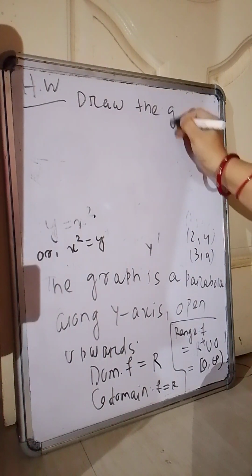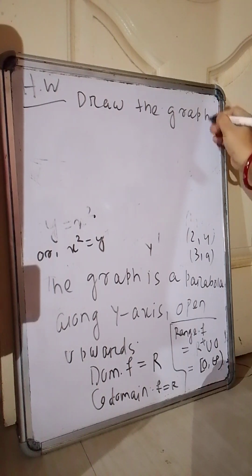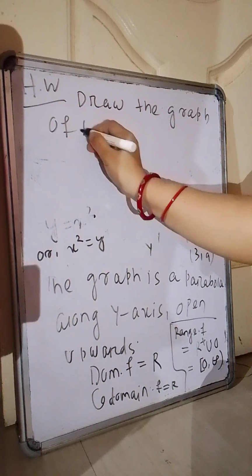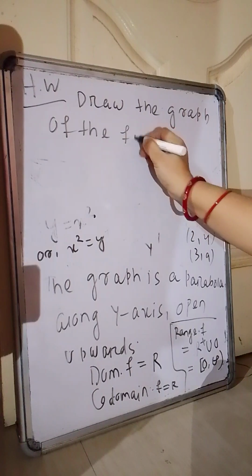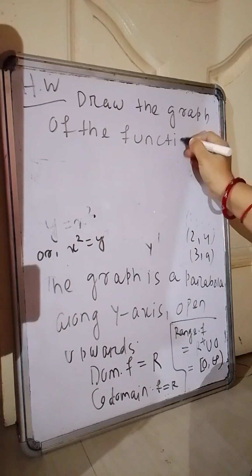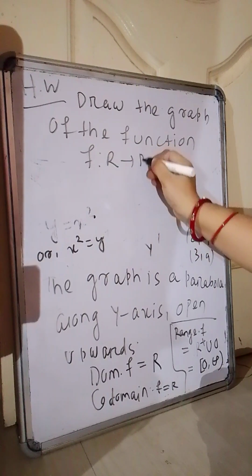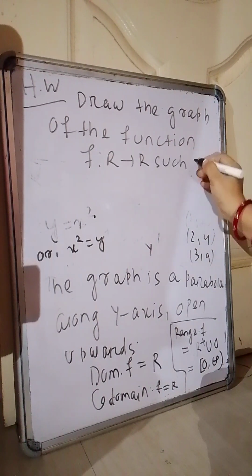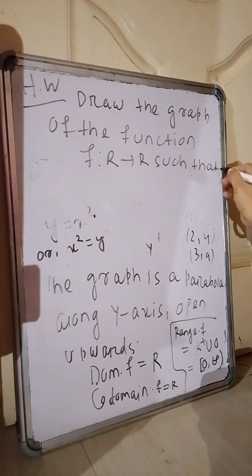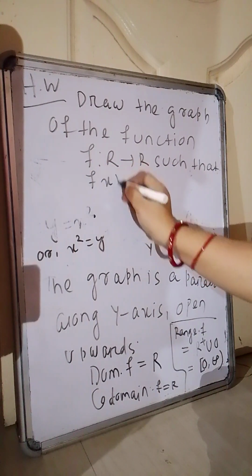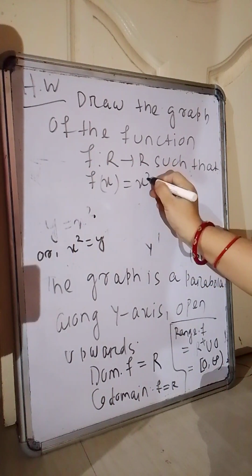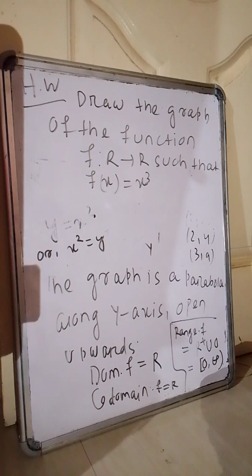Draw the graph of the function f from the set of real numbers R to the set of real numbers R such that f of x equal to x cube.